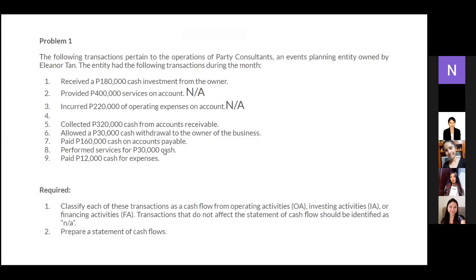So, yung sa number 2 is provided 400,000 services on account. NA siya yung sagot dahil on account siya, wala siyang cash involved.